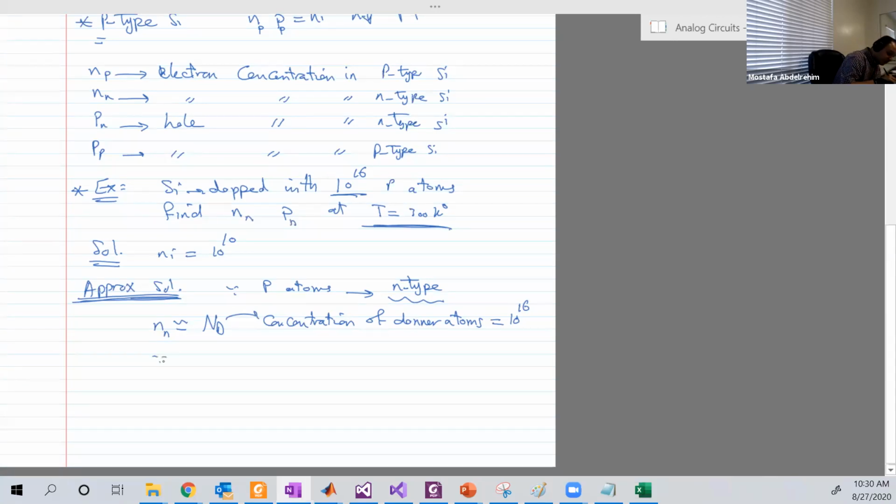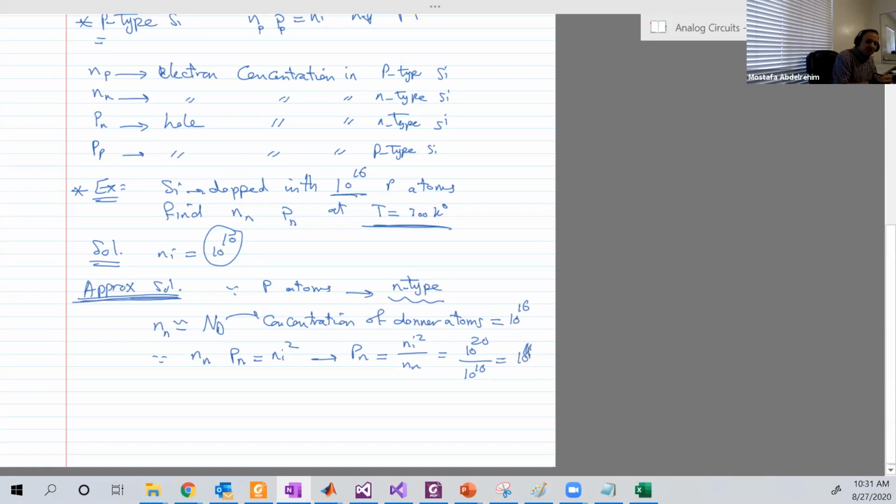And since Nn multiplied by Pn is equal to Ni squared, so Pn is equal to Ni squared over Nn, 10 to the power 20, because this is 10 to the power 10 basically, divided by 10 to the power 16, 10 to the power 4.